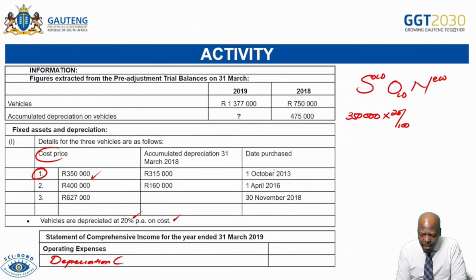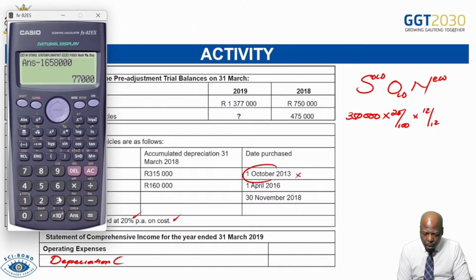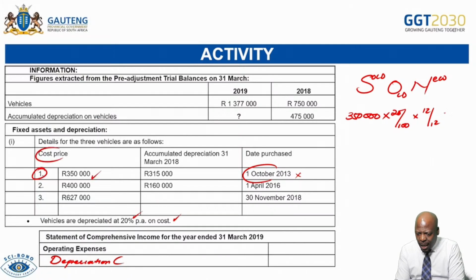This is an old asset. It was there from 2013. So that means it's going to be 12 over 12. My old will be 12 over 12. Let's get the adding machine. 350,000 multiplied by 20% is going to give me 70,000.